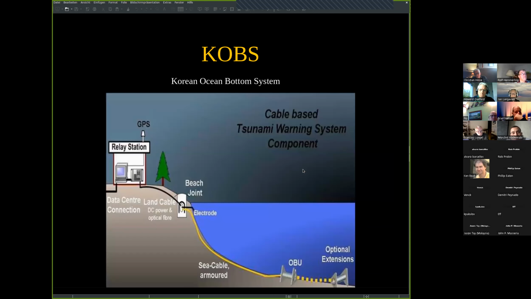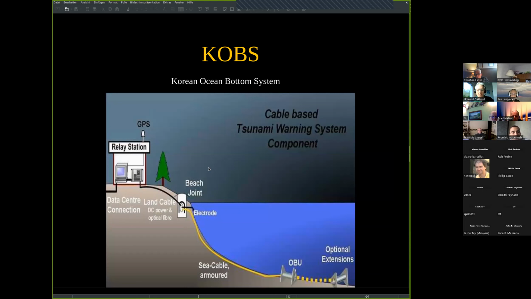The next project is the Korean ocean bottom system. Since we had the know-how how to operate on the ocean floor, it was more or less easy for us to get a foot in the tsunami warning market after the big tsunami in Indonesia, when all of the large companies in the world didn't have anything to offer, and we could quickly come up with a solution.